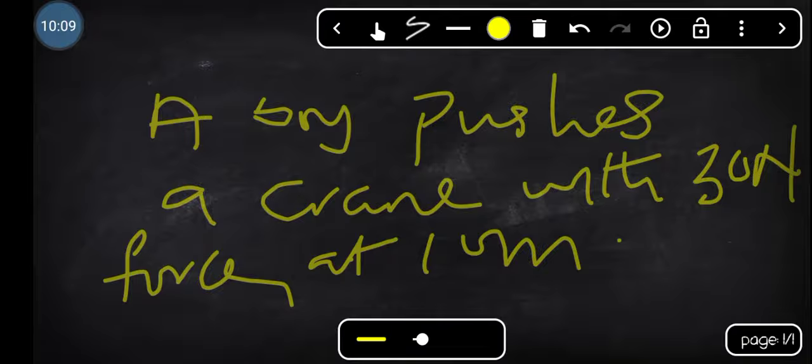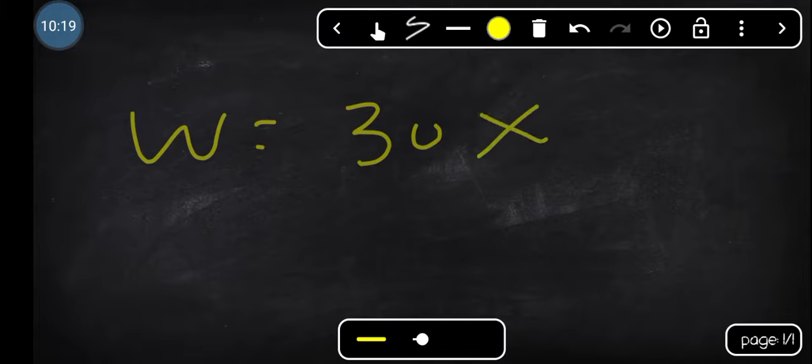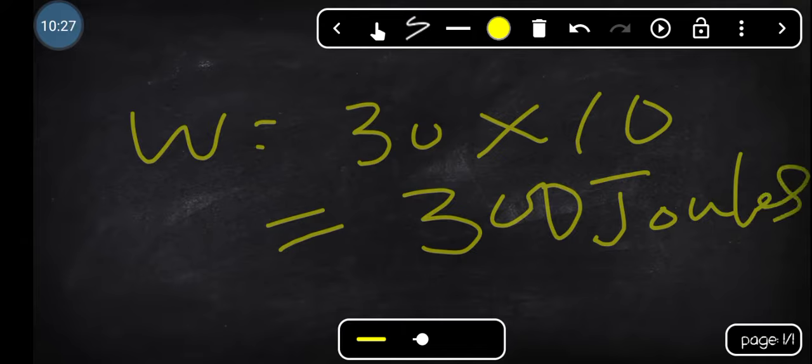Find the work done. The work done in this case will be 30 times 10, that is 300 joules. That is the work done on the crane.